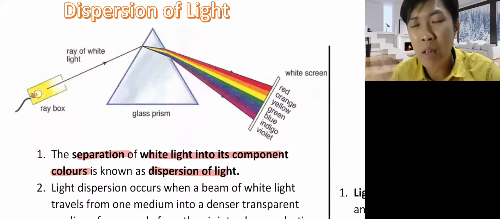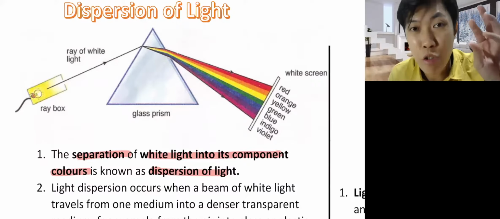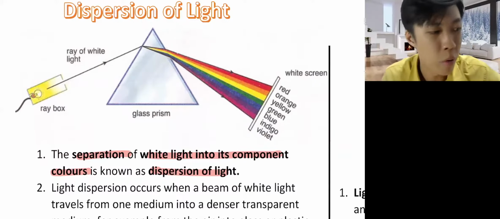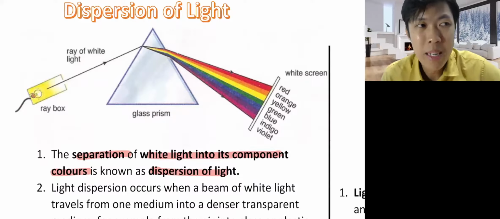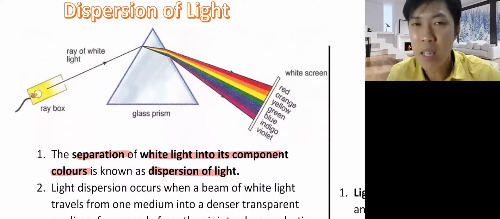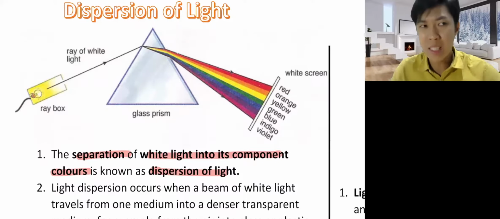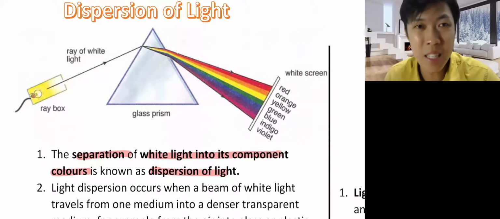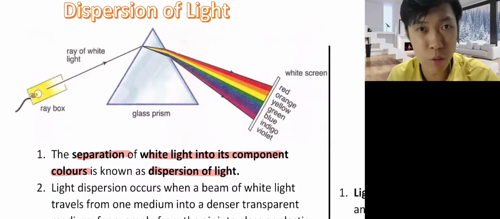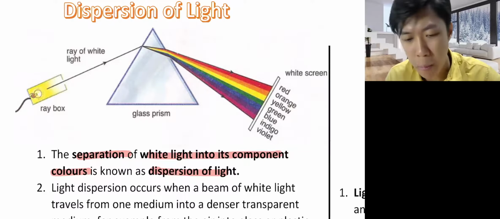Imagine every little raindrop makes a small rainbow, and we have a huge rainbow in the sky. So dispersion just tells you how a rainbow is formed. Basically nothing much. If you ask whether there is any usage in daily life, no, it's just a natural phenomenon creating a rainbow.